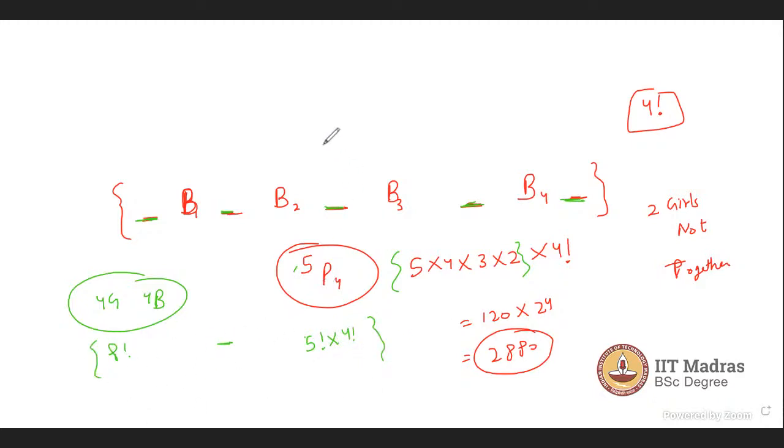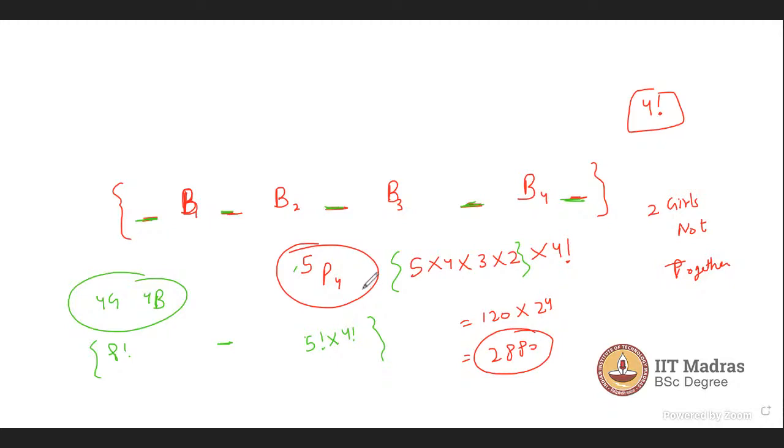If we make a case where we keep 2 boys together, then we will be having only 4 slots for girls.